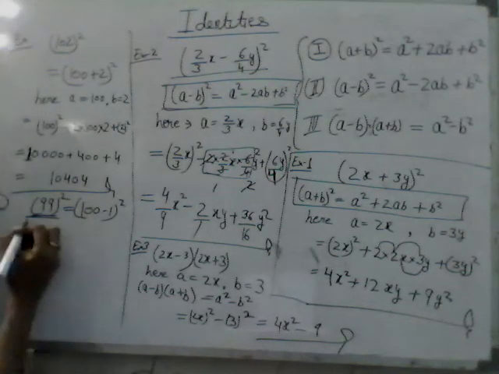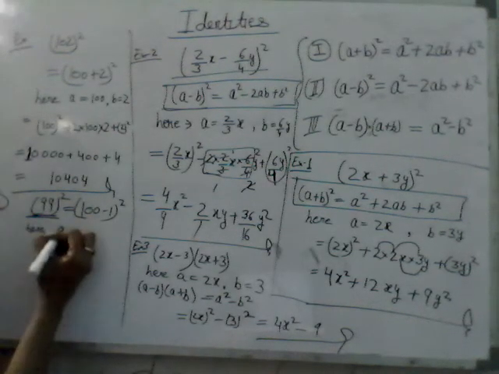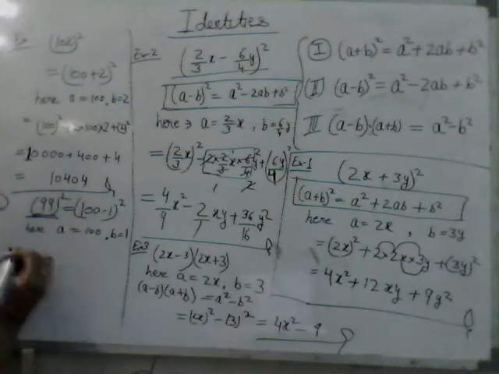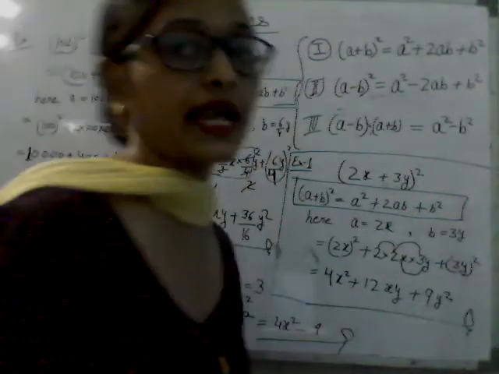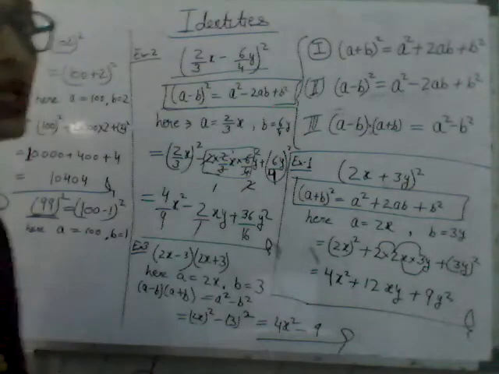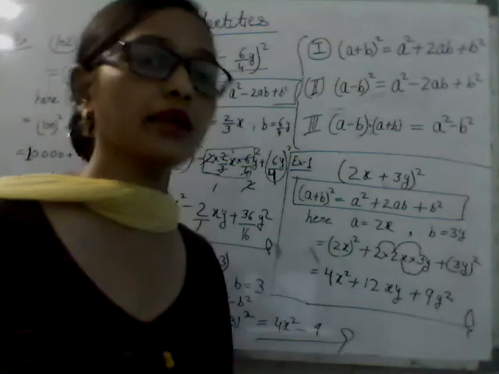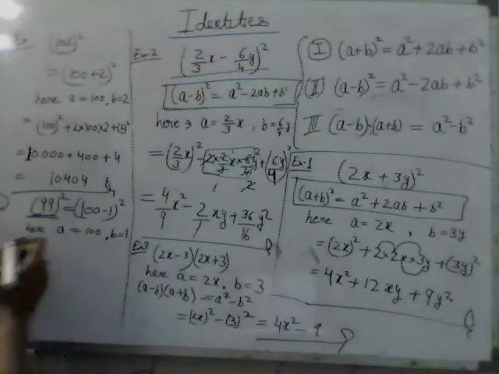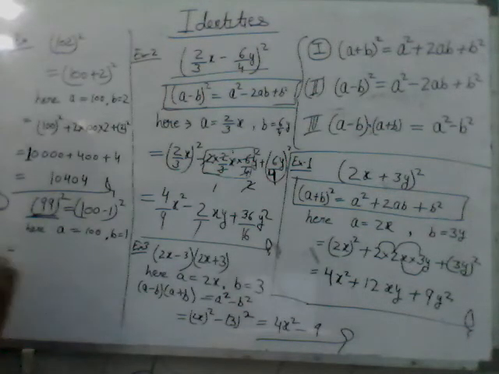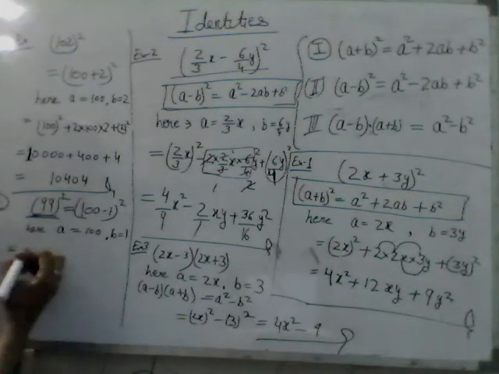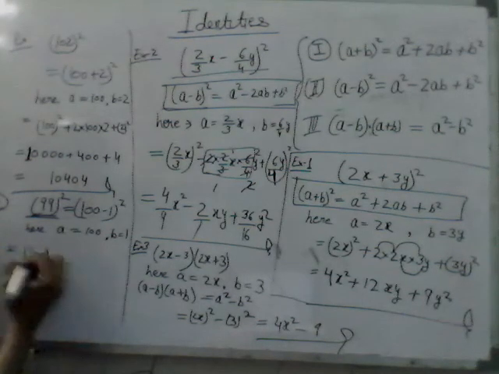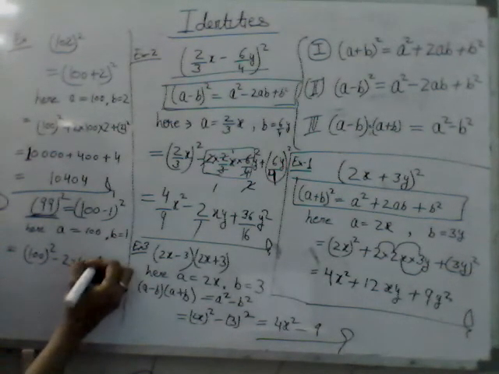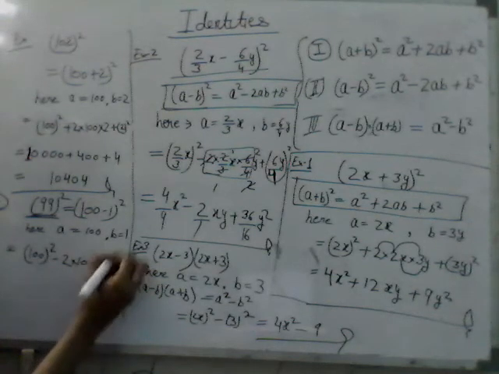Here a equals 100 and b equals 1. By using the second identity, (a minus b) whole square equals a square minus 2ab plus b square. So using this identity, 100 whole square minus 2 multiplied by 100 multiplied by 1, plus 1 square.